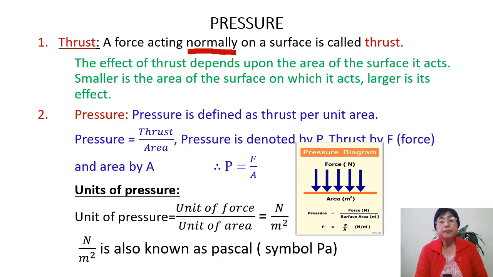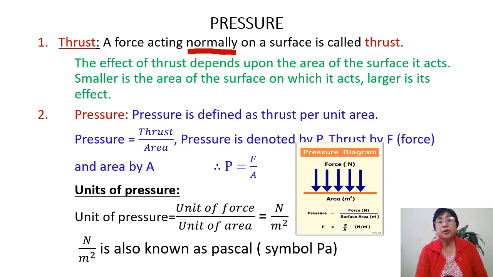It means when a thrust is acting upon an area, if the area is small, then the effect of thrust will be more. If the area is large, the effect of thrust will be small. Then we go to the next, that is pressure. What is pressure? Pressure is defined as thrust per unit area.